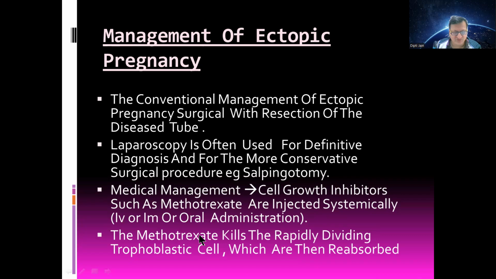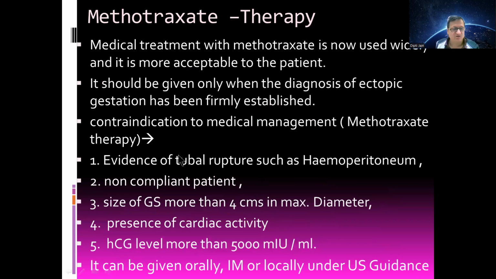Methotrexate kills the rapidly developing trophoblastic cells, which are then reabsorbed. Methotrexate therapy is now widely used and acceptable to patients. It should be given only when the diagnosis of ectopic pregnancy has been firmly established.